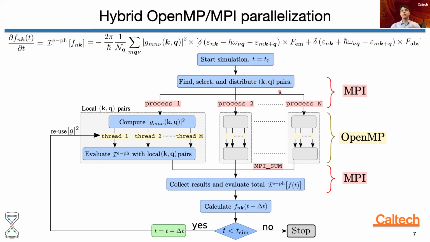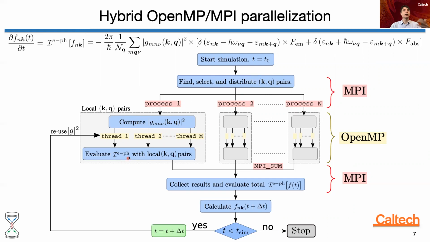So once we selected all the KQ pairs of interest, we will redistribute them over different MPI processes. I call it process 1 up to n. For each process, we will have the local set of KQ pairs, and we will calculate the electron-phonon matrix elements for these KQ pairs. And then, having these electron-phonon matrix elements, we will evaluate the electron-phonon scattering integral.